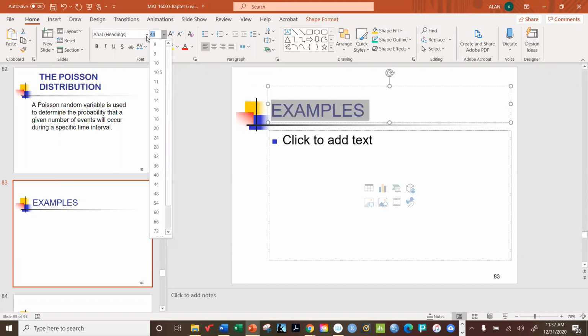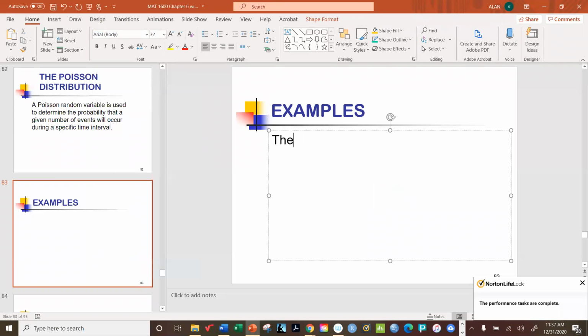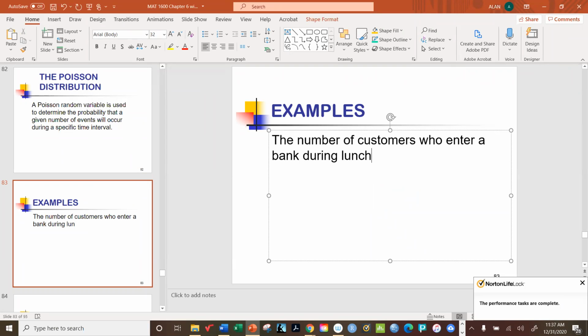Let's say, for example, we want to know the number of customers who enter a bank during lunch hour. Could be modeled using the Poisson distribution.